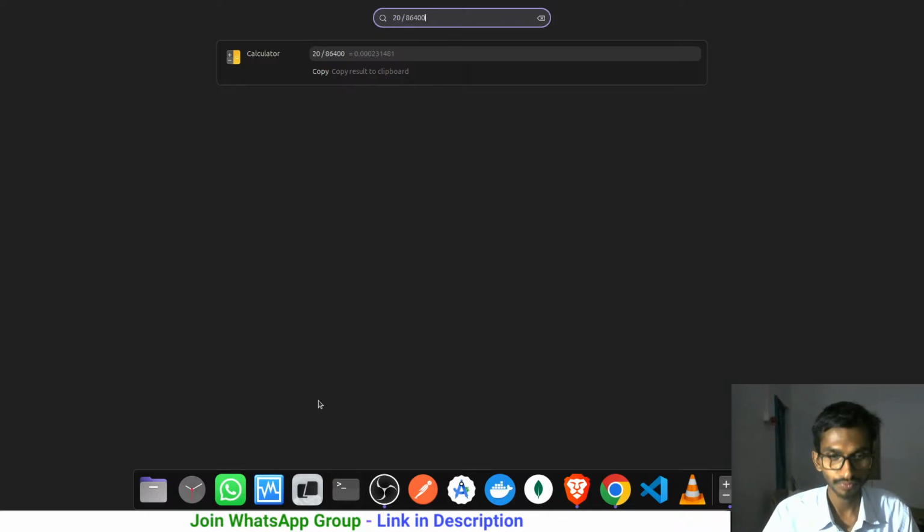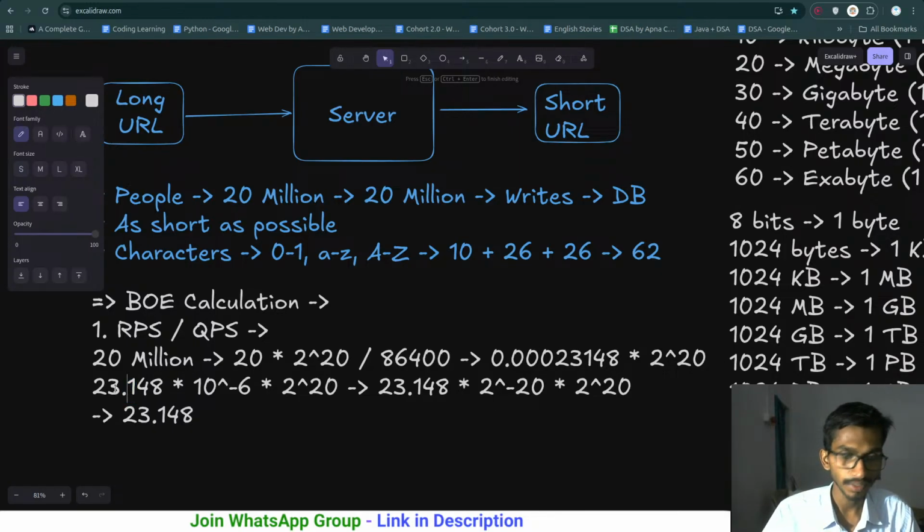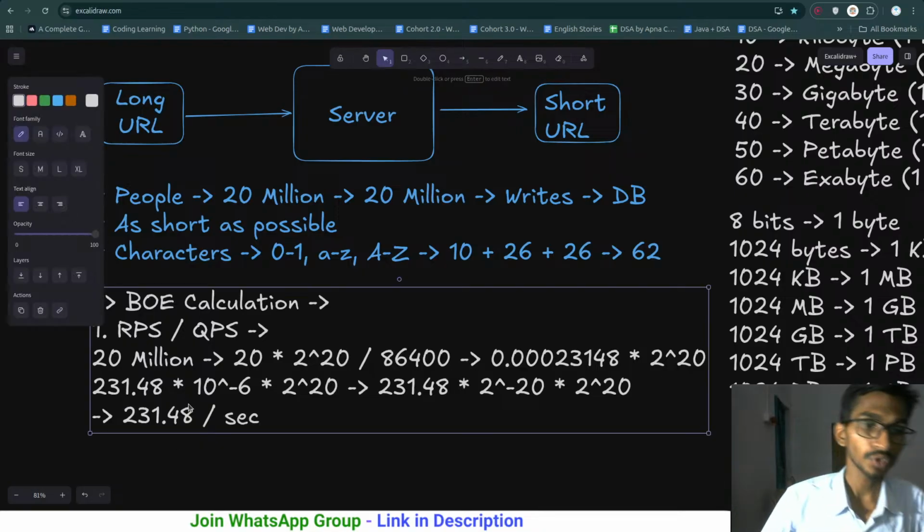Interesting. So there are now going to be 3 zeros in this. That's fine. Hence the dot is going to be here, and hence this is going to be here. So these many requests, 231 requests per second. Here we are. So these many requests go per second.